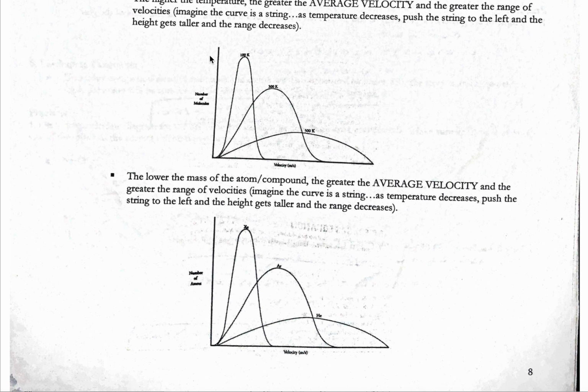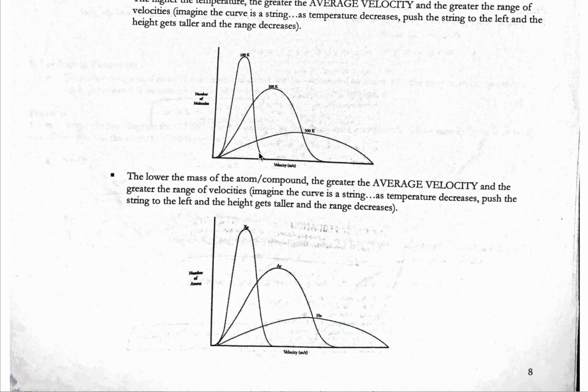All right, so this, remember, is your Maxwell-Boltzmann graph. There are 2 different ways of showing this graph. Notice your x-axis is your velocity. So as you increase temperature, your velocity is going to increase, and so does your average kinetic energy. Remember, I treat this like a string where I pull it, so as you increase temperature, the average increases, but the width also increases, and the peak decreases.